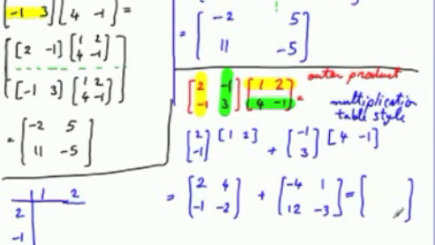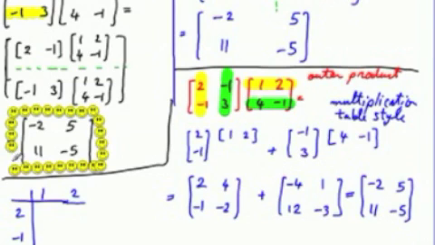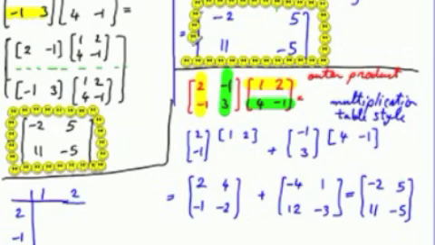You add them all up. So 2 and -4, 4 and 1, -1 and 12, -2 and -3. So you notice that, of course, we better have the same answer. Is that right? And these are our answers.